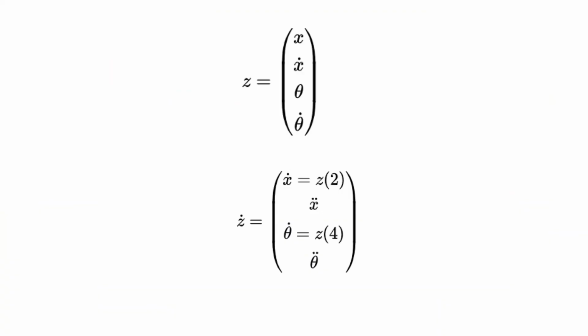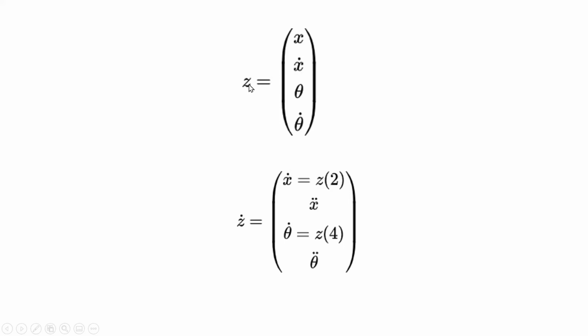Okay, previously we showed how to come up with x double dot and theta double dot. ODE 45 only solves first order ordinary differential equations, so we have to do a little trick here to reduce the second order ODE to a first order ODE. And when you have x double dot and theta double dot by themselves on the left hand side, it's very easy to do.